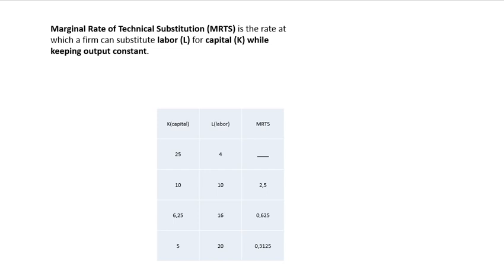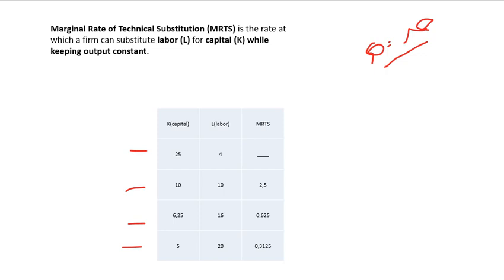Here, for example, we said all those combinations give the same output, Q equals 10. Now let's see what MRTS means here. We said it is the rate at which the firm is willing to sacrifice capital to get more labor.